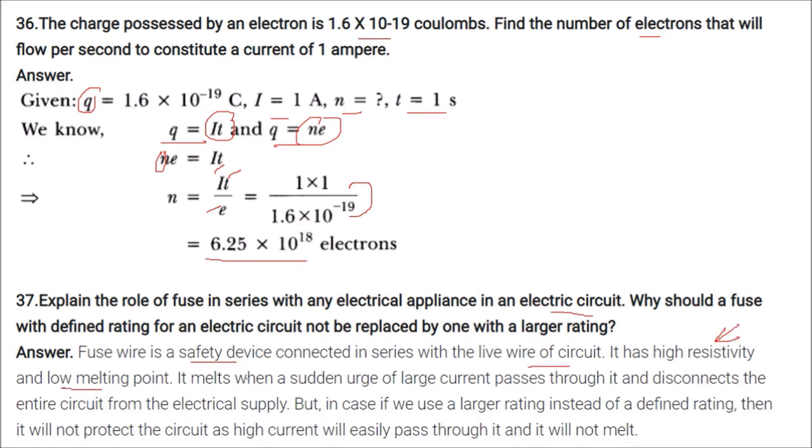So it melts when a sudden surge of large current passes through it, and it disconnects the entire circuit from the electrical supply. But if we use a larger rating instead of the defined rating, it will not be able to protect the circuit, as the high current will easily pass through it without the fuse wire melting.